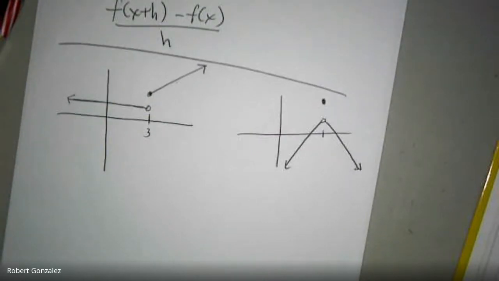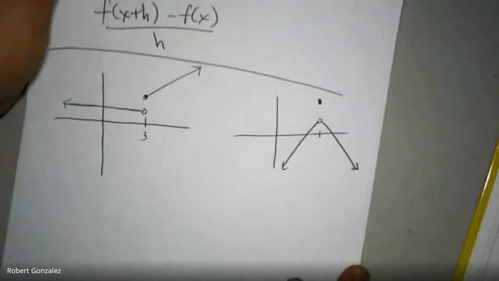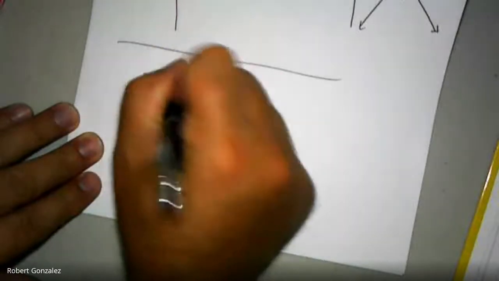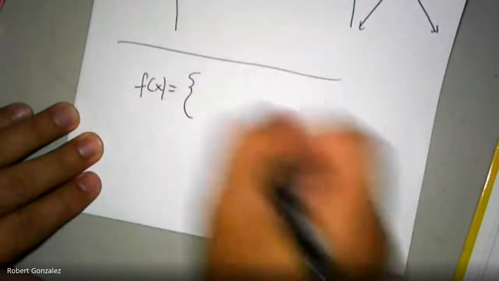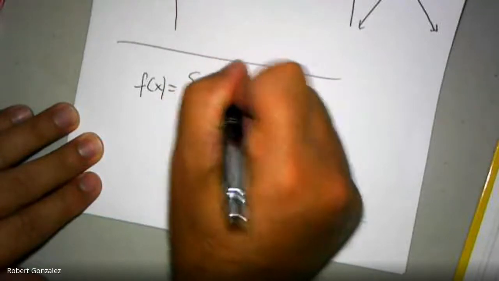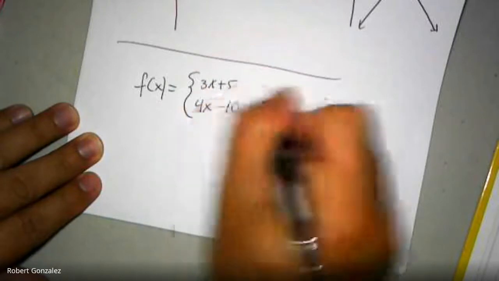So what do they look like in writing? Well, they have these big brackets. For example, here's a piecewise function. F of x equals two different functions. It equals 3x plus 5 at certain times, and it equals 4x minus 10 at other times.